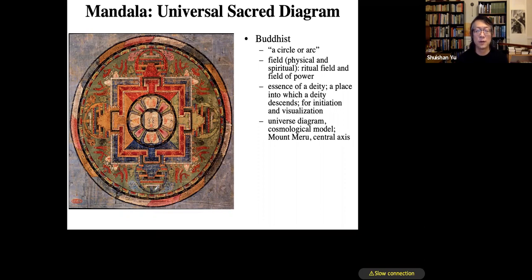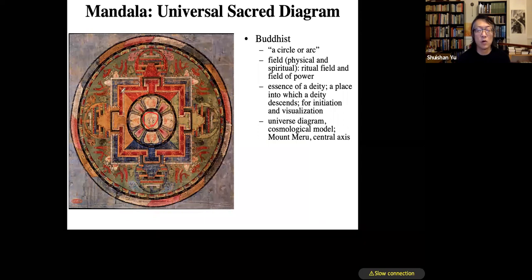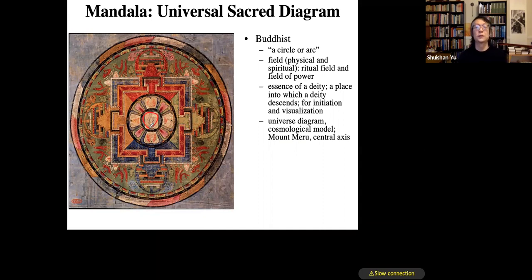So there were a different world, and each world was ruled by a Buddha or Bodhisattva, and that image of that Buddha is usually inscribed in the very middle, but it also represents the world with that specific deity as the lord of that world.